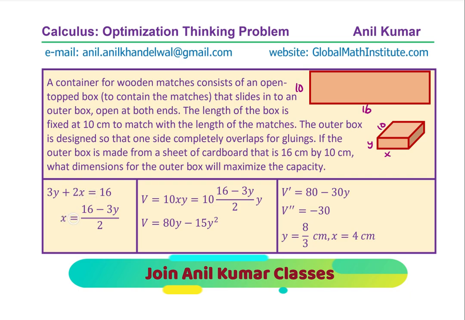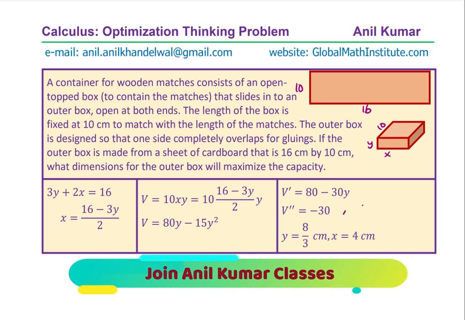From here we isolated the value of x, which is (16 minus 3y) over 2. Volume is the product of all three, 10, x and y. Replaced x with (16 minus 3y) over 2 and got the formula for volume in one variable, which is the height of this box. Found the first derivative, and that results in a critical number where y is equal to 8 over 3. And found the second derivative.